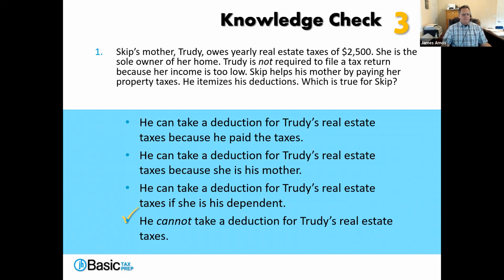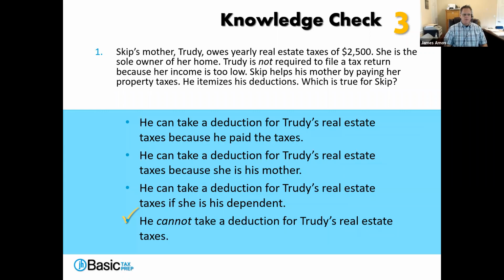Not in his name. So, I want to slow down there for a second. Let's discuss this for just a minute. If somebody tries to pay real estate taxes for something not in his name or her name, are they ever going to be able to claim the real estate taxes? No. It always must be in their name.